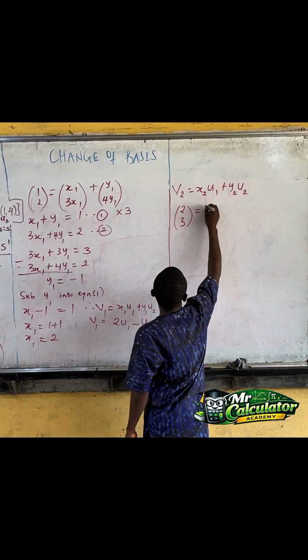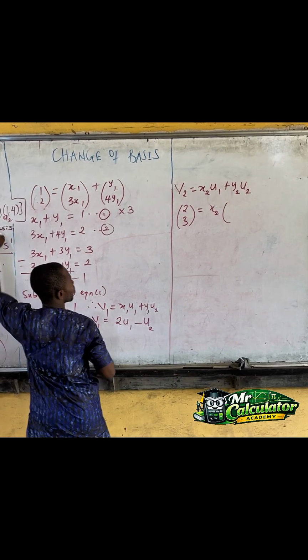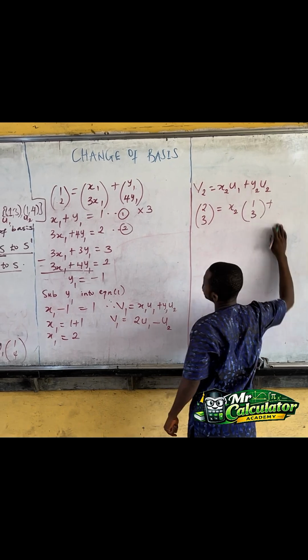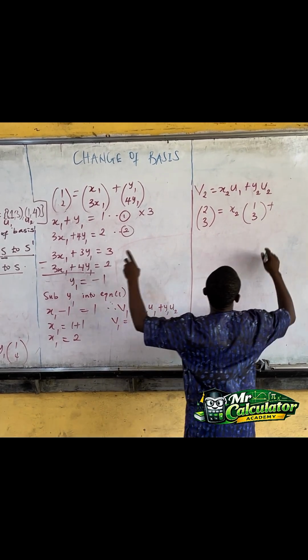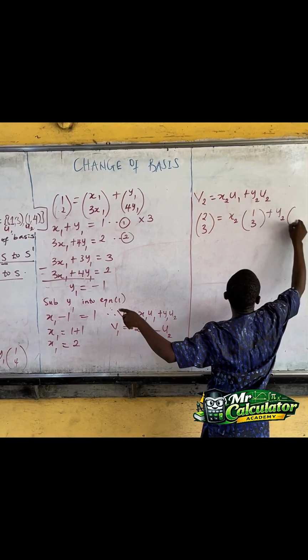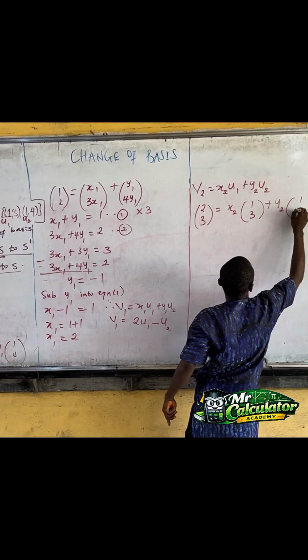What is my X2? Unknown, bracket U1, which is 1 and 3, plus Y2 unknown, bracket U2, 1 and 4.